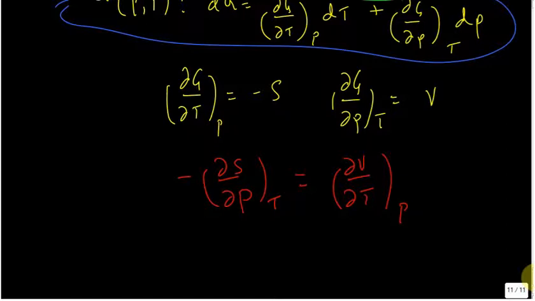If you want to look at these shortcuts, which I'm not really interested in, you could search for something called the thermodynamic square. It might aid your memory of all these eight equations.